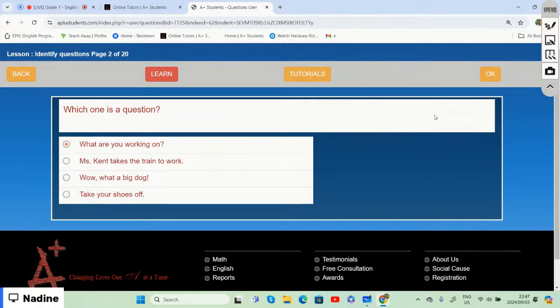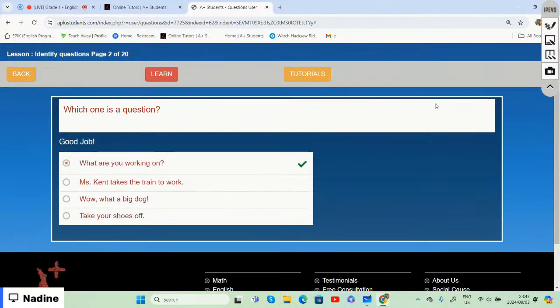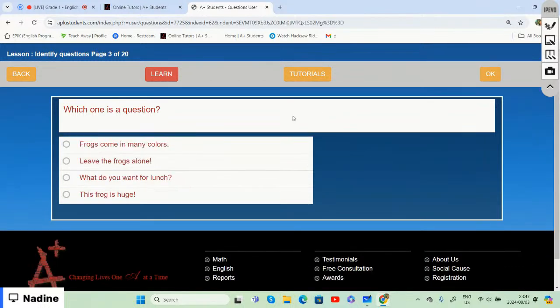All right, and if we ask a question, we will ask the first one, what are you working on? All right, and we see that even though it's a statement but making a question, it ends with a question mark.